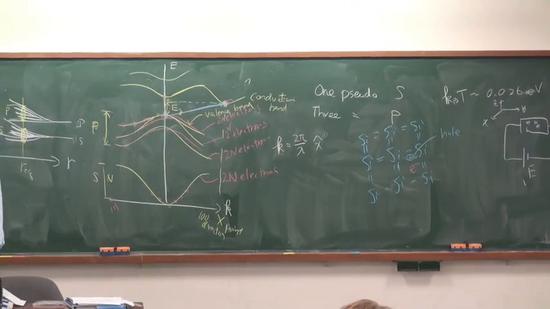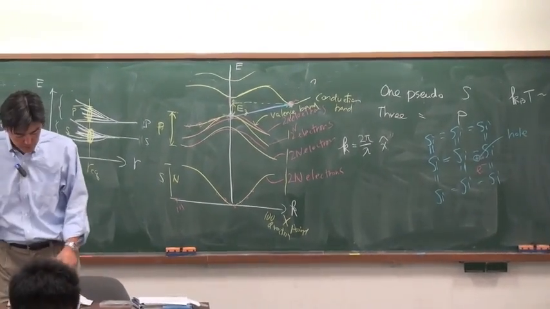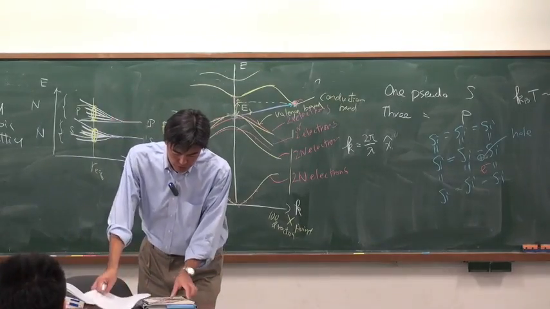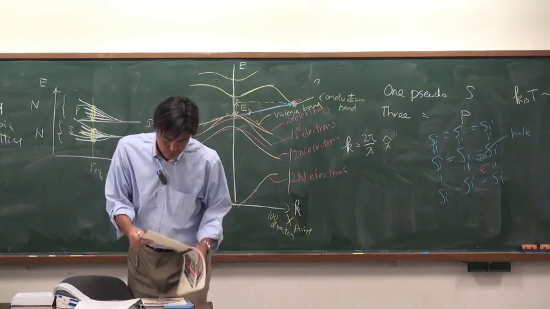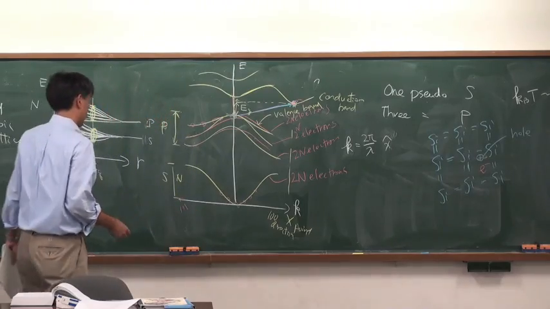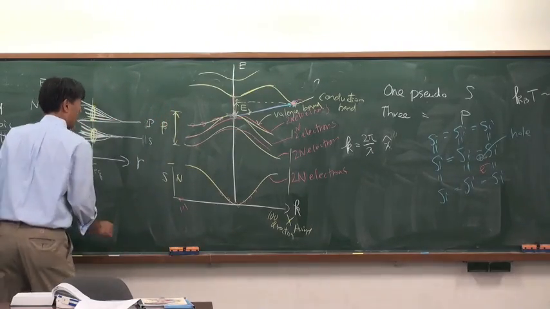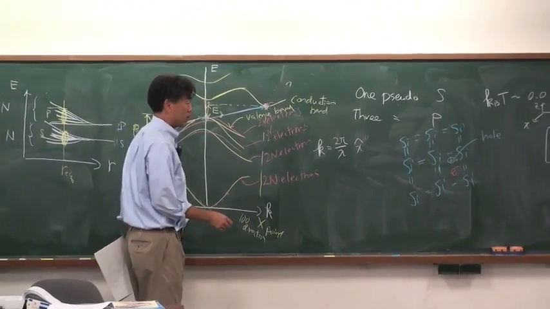is basically the concept of effective mass. The concept of the effective mass is introduced in semiconductor physics as follows. So here, the effective mass of the electron.